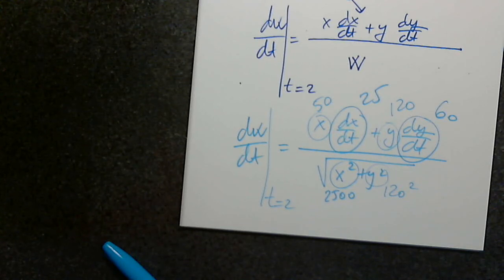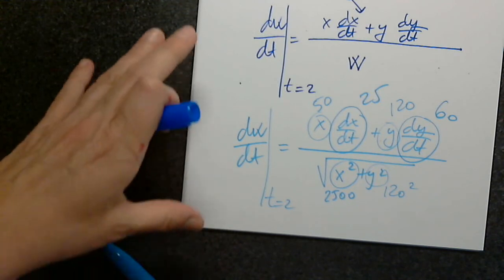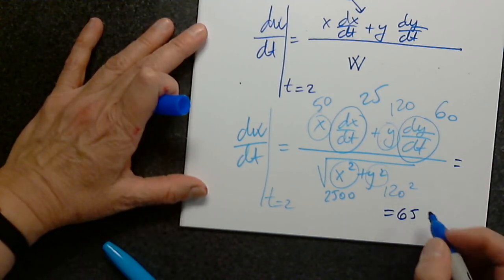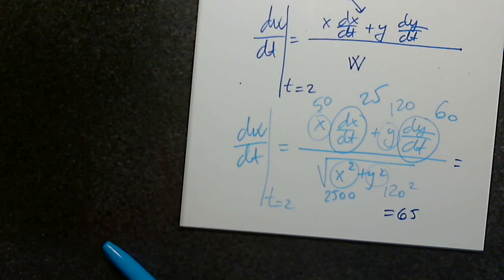So plus 120 squared, close the parenthesis, and now hit enter. Measurement unit, please. Miles per hour, of course, it's distance with respect to time. Excellent.